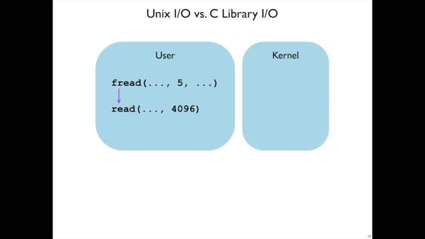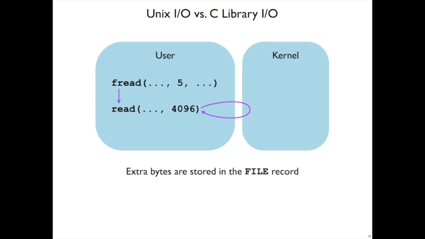If we use the C library, we ask for 5 bytes. The way things are typically set up, it doesn't actually ask the kernel to read from the pipe just 5 bytes. Instead, it asks for a whole bunch of bytes at once, usually something like 4K. And then it'll put the amount of those that you didn't ask for in a buffer in user code. So we only used up 5 bytes of the 4096 that were gotten from the kernel.